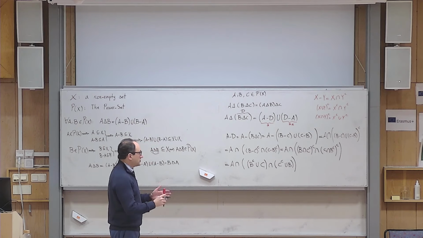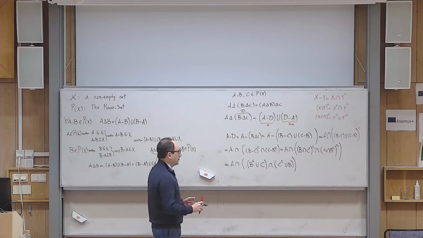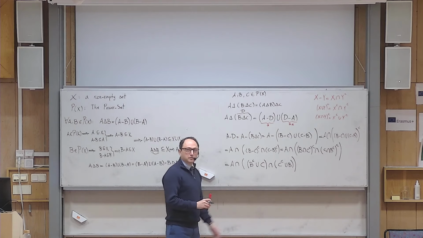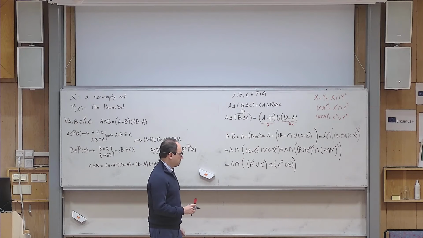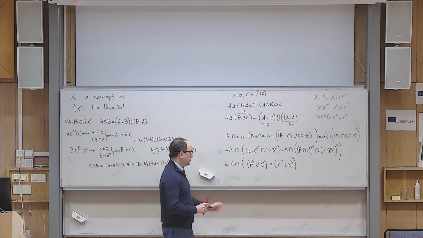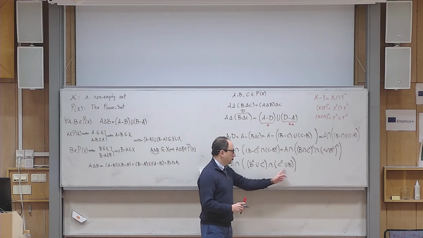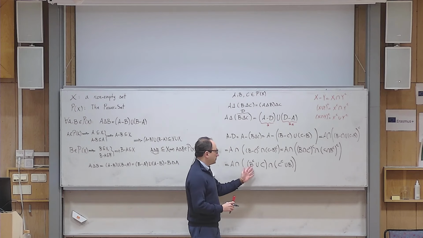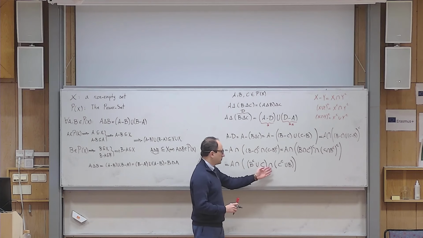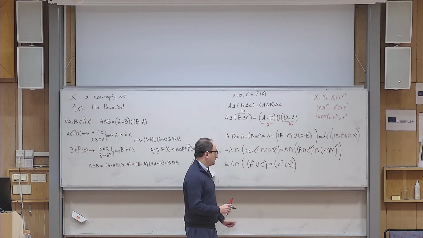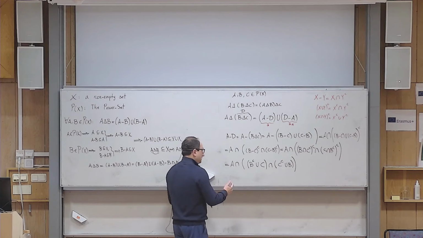My goal is actually to expand as much as I can and write everything in terms of just union and intersection. One thing that I can do here, I can use distributive law to distribute intersection over the union. So let me do it and then I will explain it.